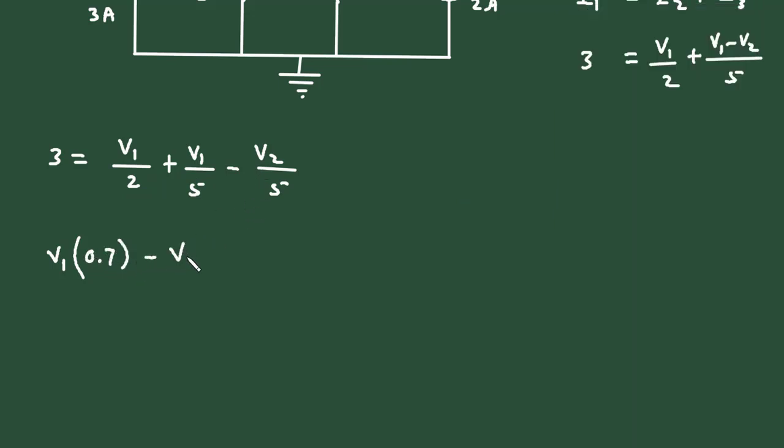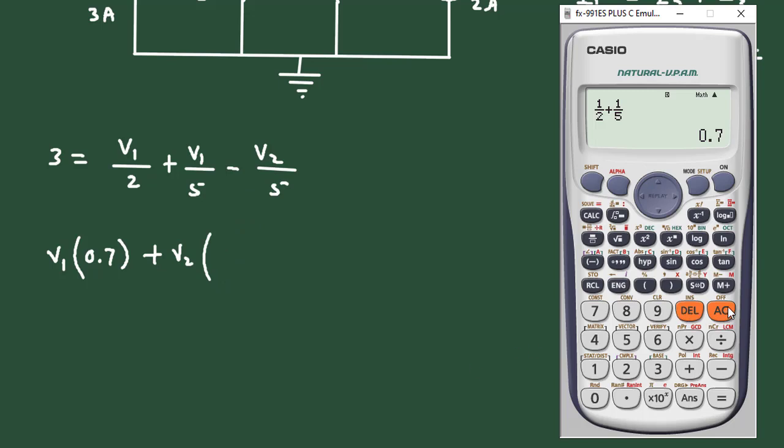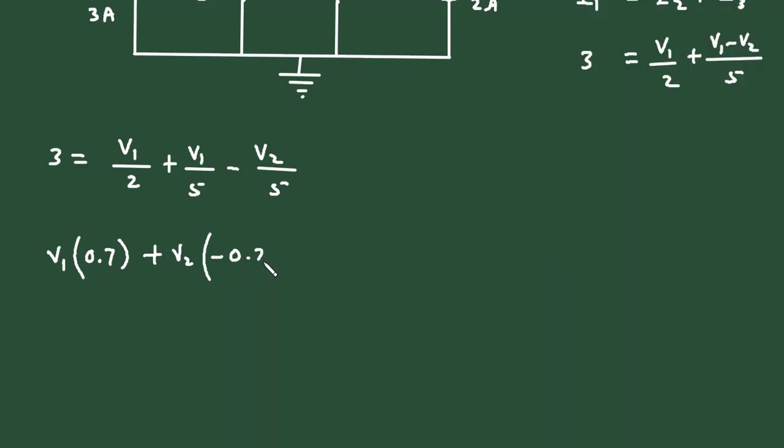Then plus V2 in bracket minus 1 by 5, which is minus 0.2, is equal to 3. Let's say this is equation number 1.